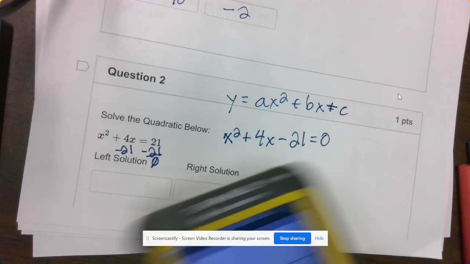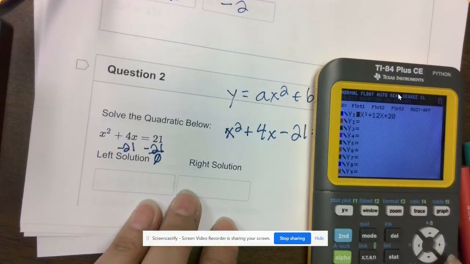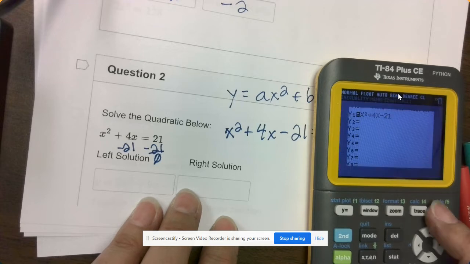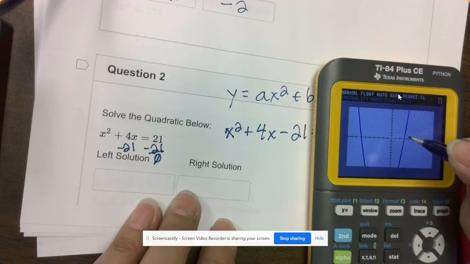Then we're going to go here, we're going to clear it, scroll over to clear it, and then go x squared plus 4x minus 21. We graph it. So you can even actually just tell from the graph. You can look at the table.